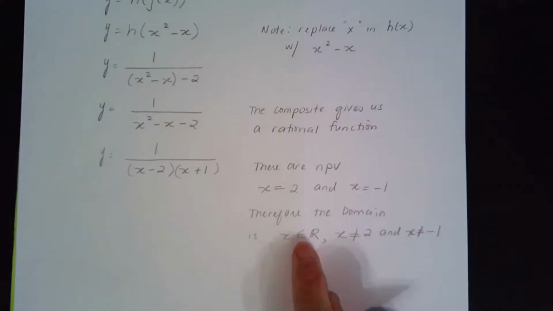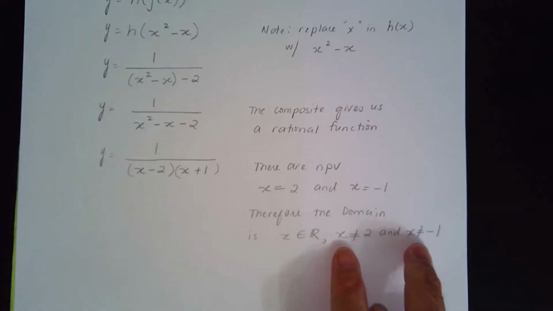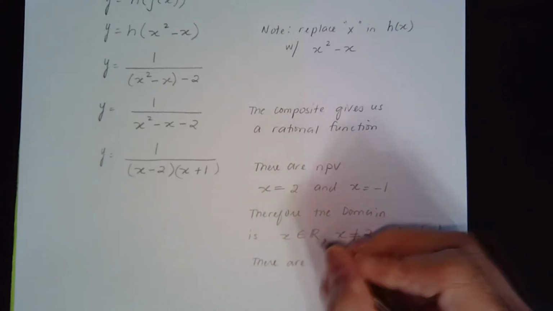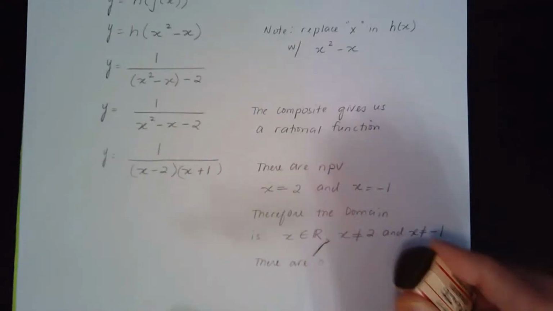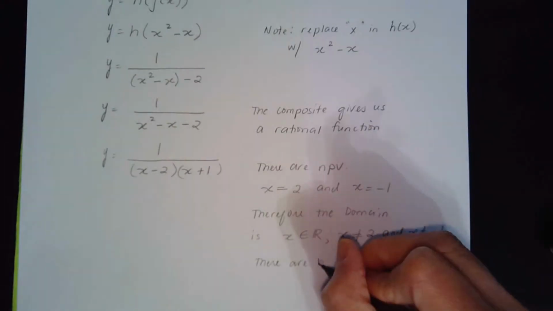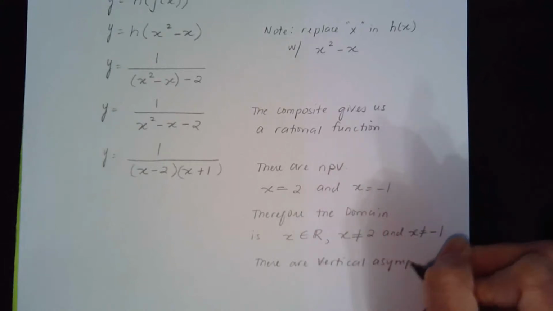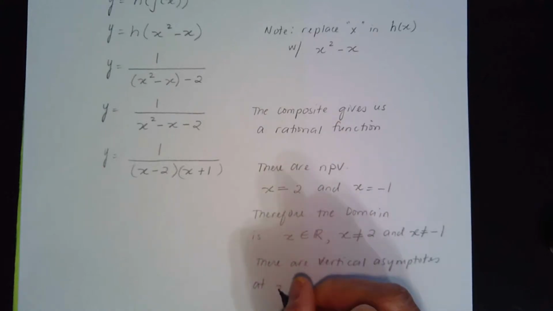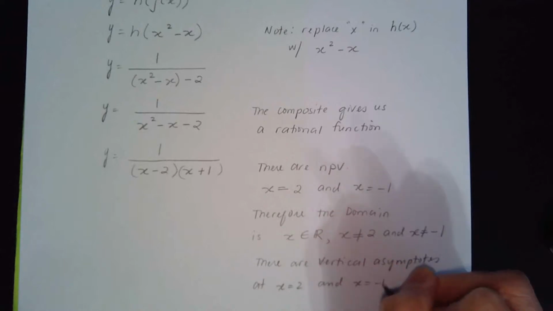Okay, so all numbers are possible except for these two. At these particular points there are asymptotes. Okay, I'm going to be specific here. There are vertical asymptotes at x equals 2 and x equals negative 1.